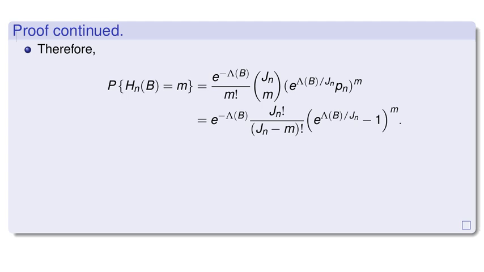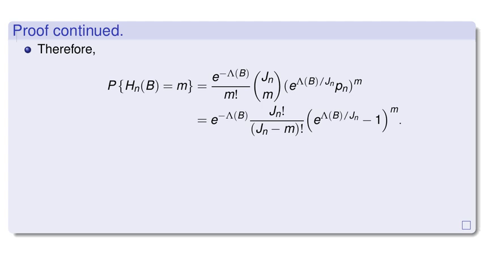Therefore, the probability that Hn of B equals m can be written as e to the power minus lambda of B divided by m factorial, times the binomial coefficient Jn choose m, times e to the power lambda of B over Jn times Pn, all raised to the power m.